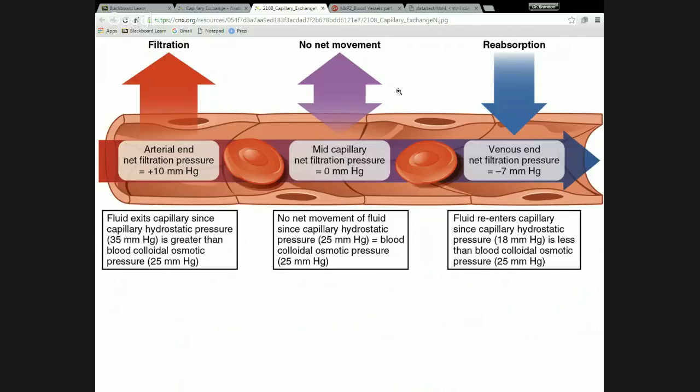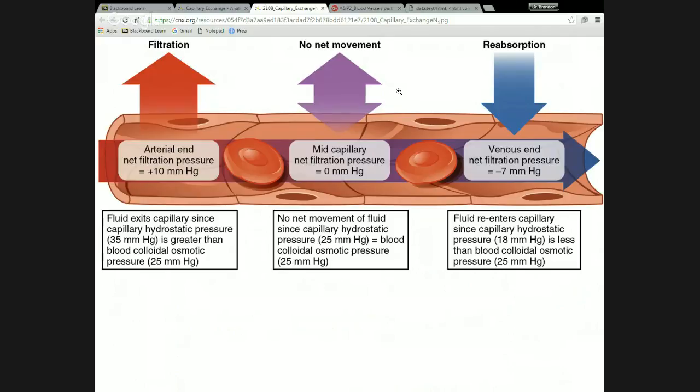Now, the blood has in it things like blood cells and large plasma proteins that don't cross the capillary walls that make the blood hypertonic to some degree compared to the interstitial fluid.